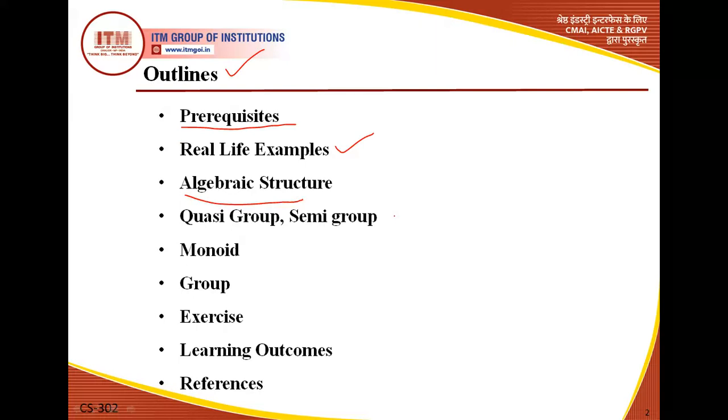Then we would see certain kinds of algebraic structure, which are the quasi-group, then semi-group, then monoid, then the most important is group. Basically, all of these things we are studying because we want to study what a group is. This is the most important thing that we would study in today's video. Then we would have some exercise, and then some learning outcomes and references.